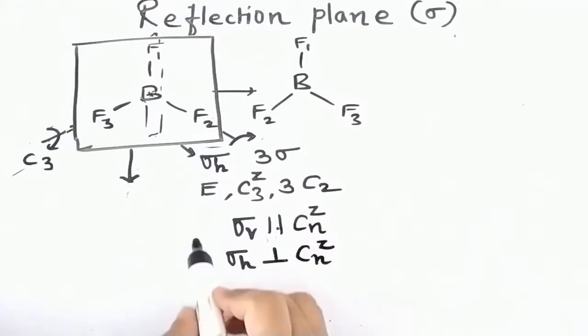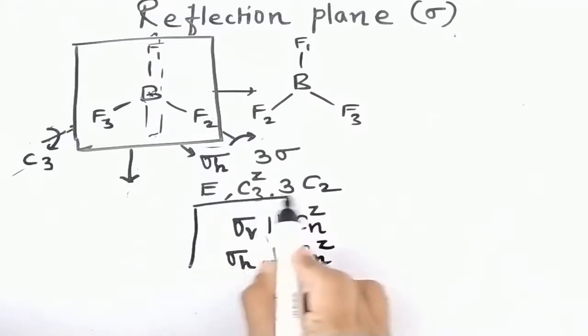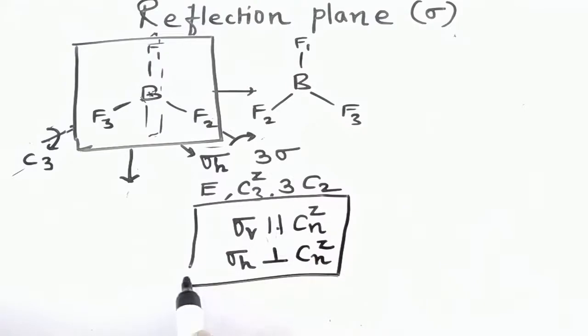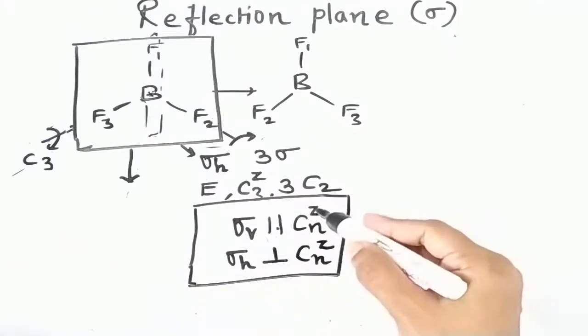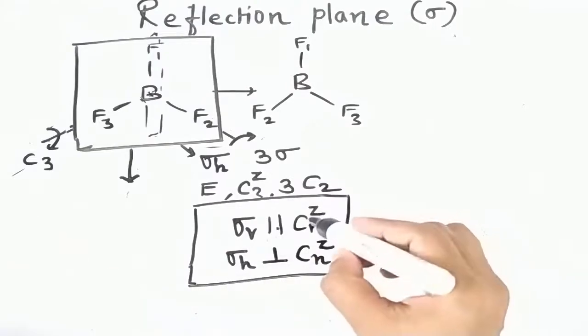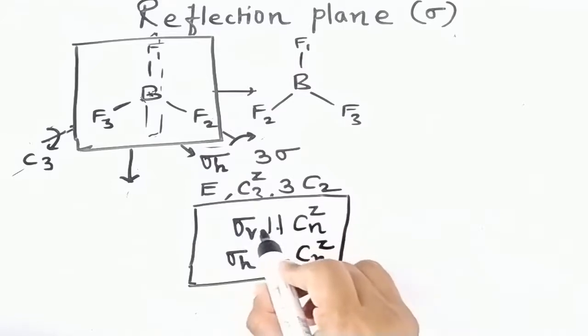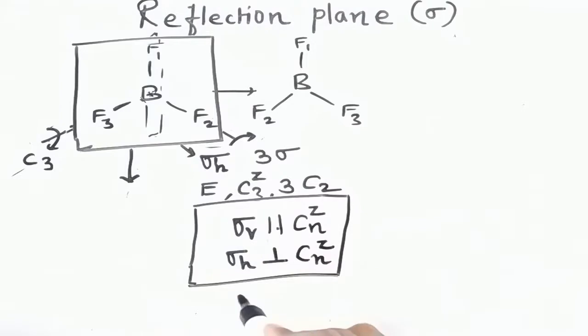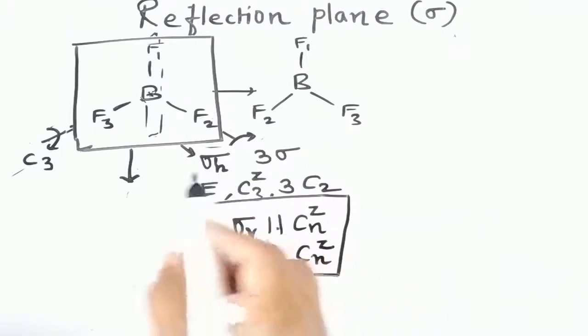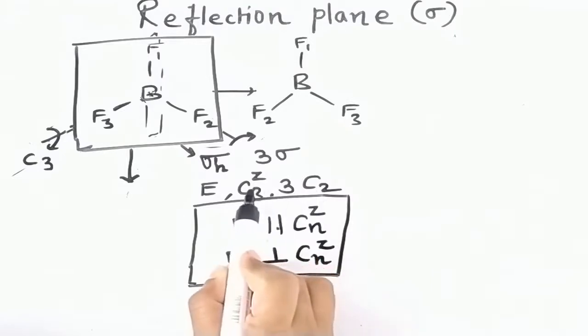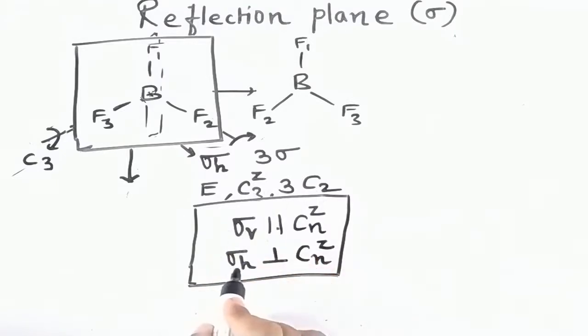These two things you must always remember: the plane which is parallel to the principal axis is termed sigma V, whereas the plane which is perpendicular to the principal axis of rotation is termed sigma horizontal.